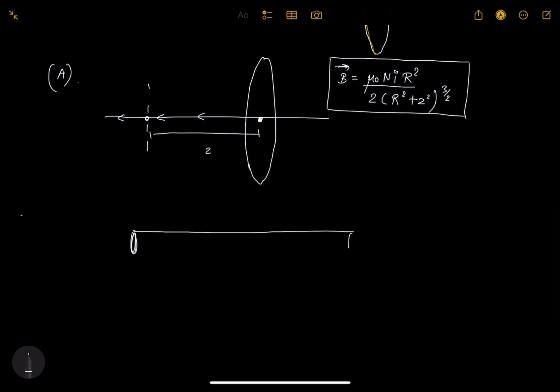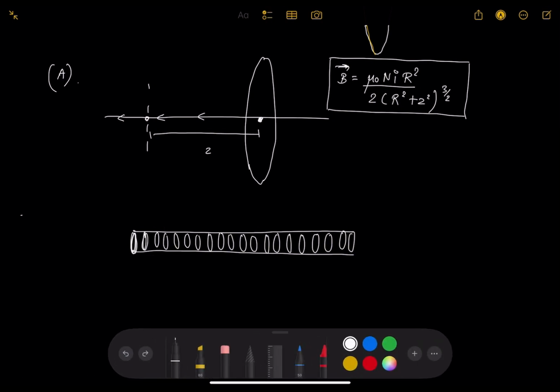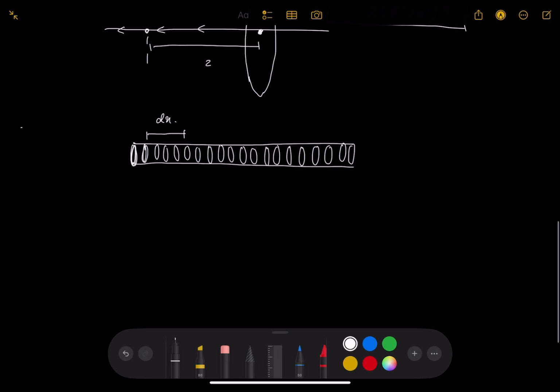So, as we may know, every time a solenoid is broken down into elements, we do so assuming that the solenoid is made up of many Amperian loops, such as this, each of which may represent a dipole, right? So let's take an element dx, and I'm exaggerating that length so that we may imagine things in an easier way.